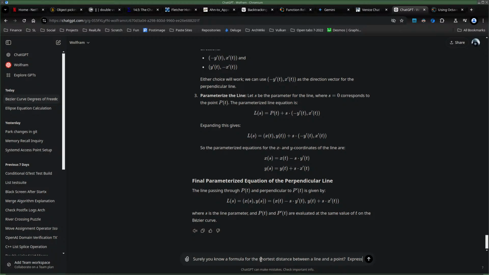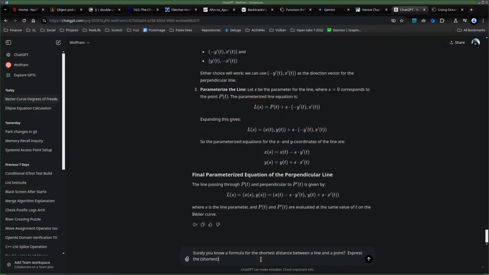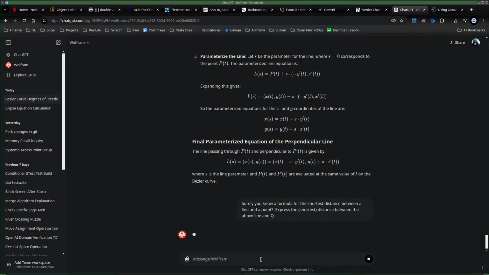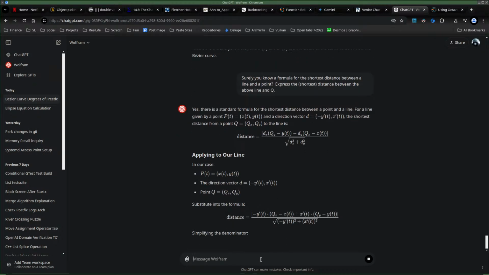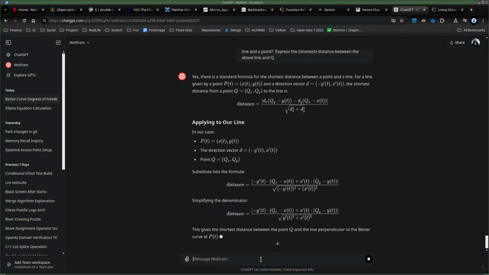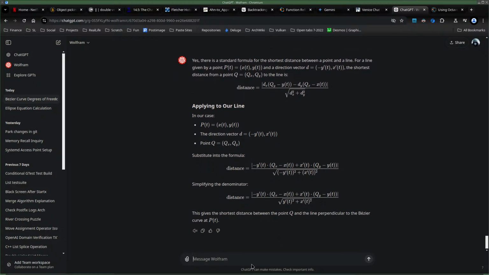Express the shortest distance between the above line and Q. Give an expression for it. Yep, an S dropped out, obviously.